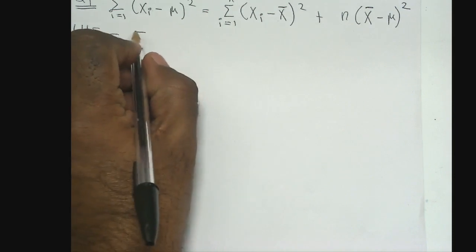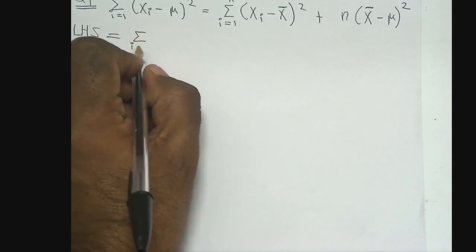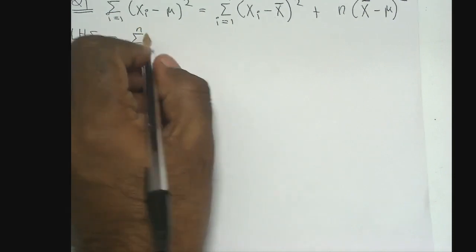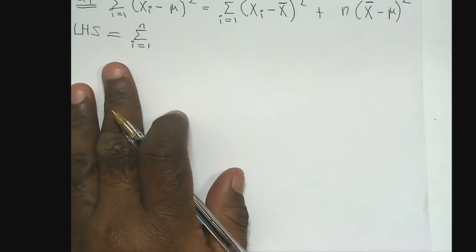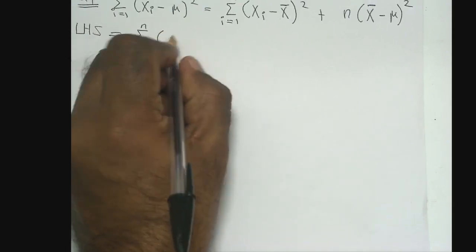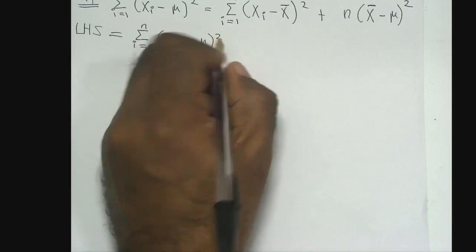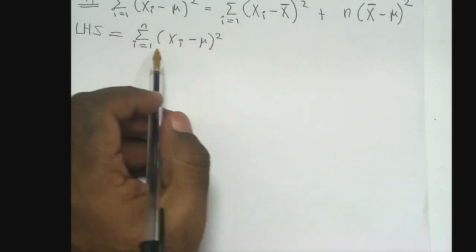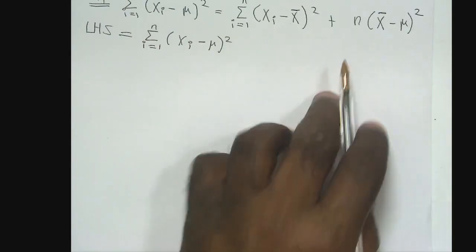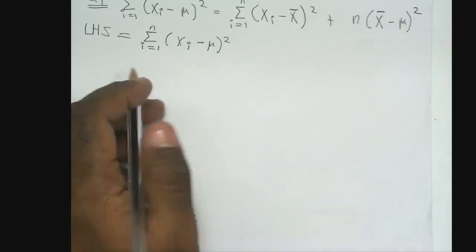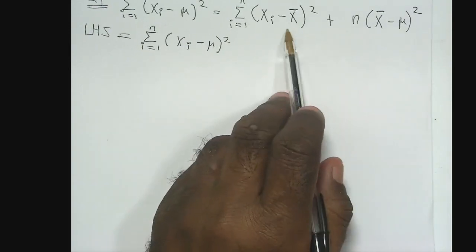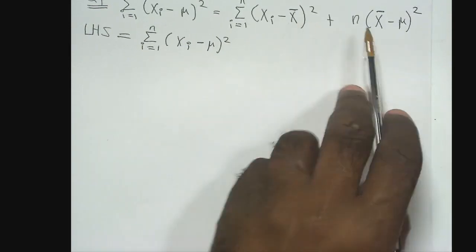Right, this is the left hand side, guys. Now I want to show that this is the same as the right hand side. If you look at the right hand side, guys, you have an x bar here and an x bar here.